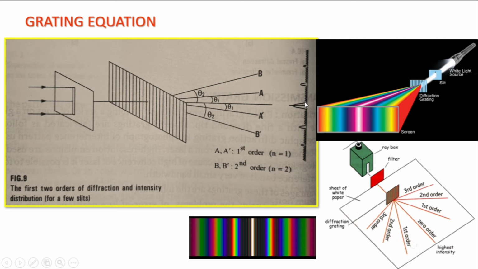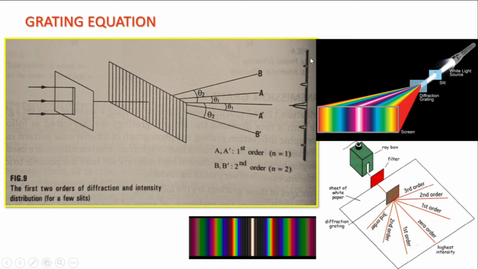So there also maxima and minima are there, but the intensity is very low. They are called secondary maxima and secondary minima.